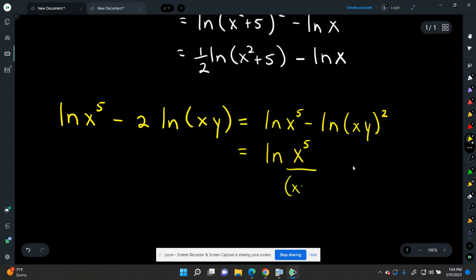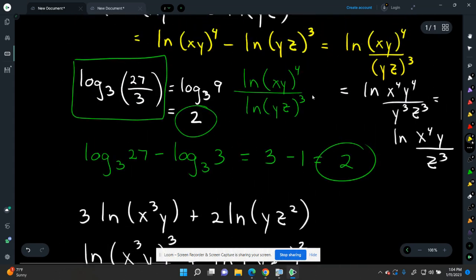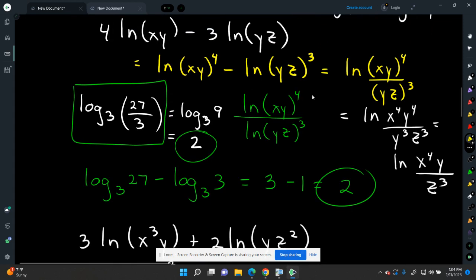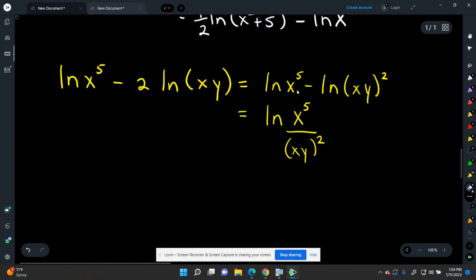Remember, we just talked about this, right? We don't rewrite the logarithm. Remember this example here, right? This is not equivalent to log 27 over log 3. It's just the number that we're dividing. Okay, but we have to go further with this, don't we? So let's see.